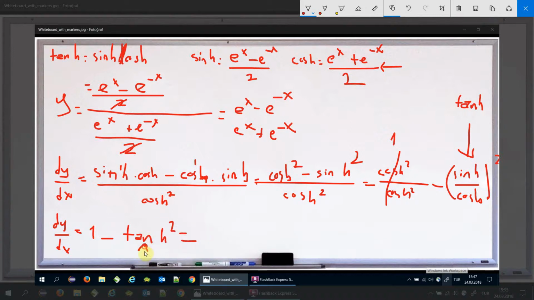And notice that tanh is the y value. That's why we can express this as 1 minus y squared.